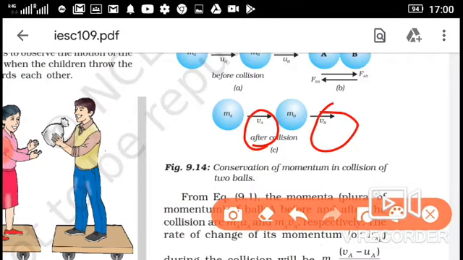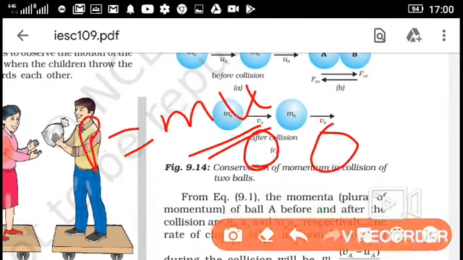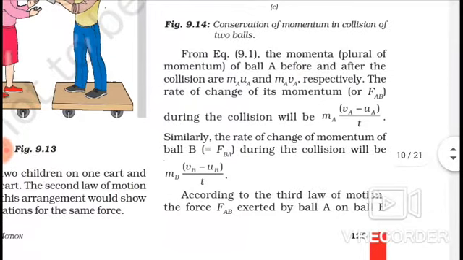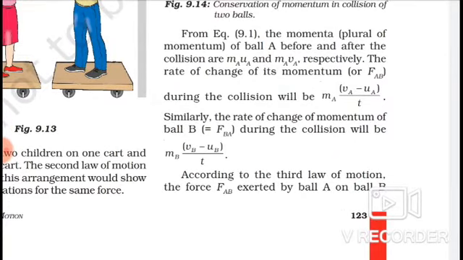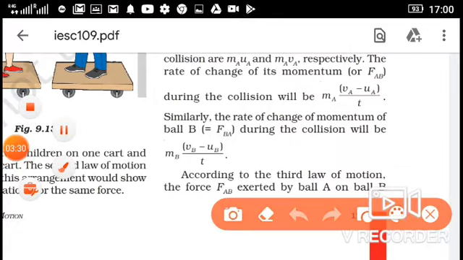So momentum also changes, because the momentum formula is MV. From equation 9.1, consider the momentum of ball A before and after the collision.